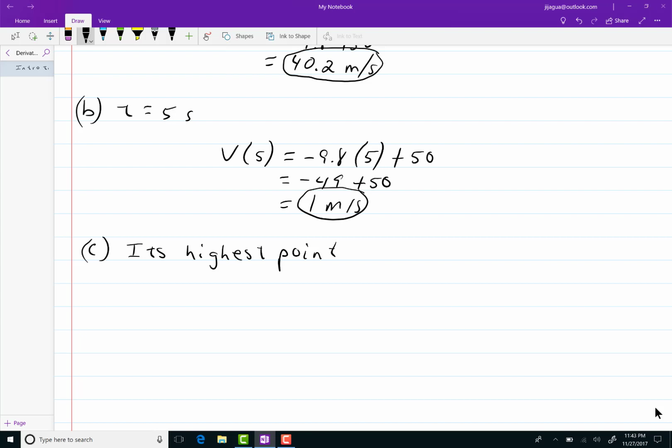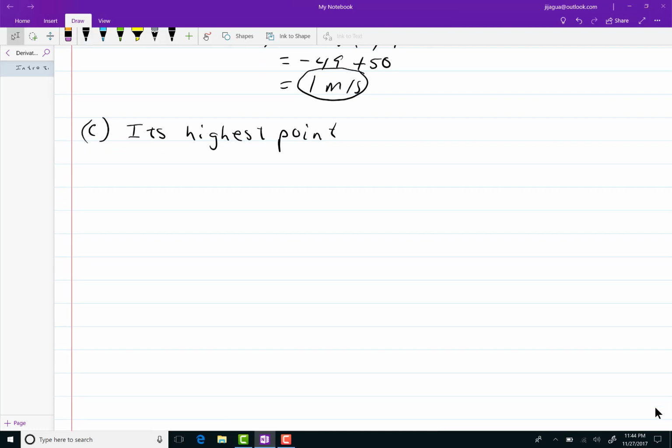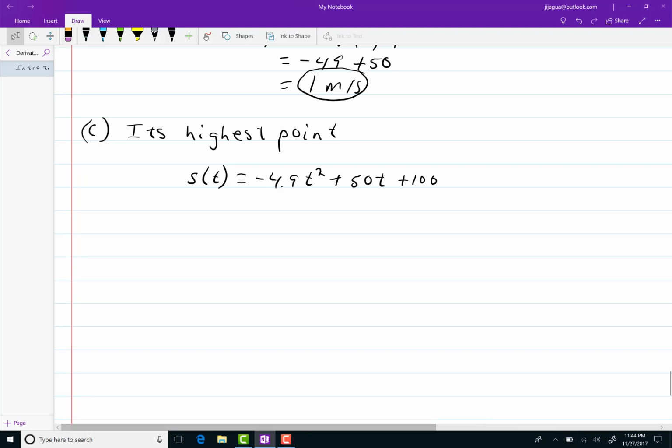However, just to prove to you all this calculus stuff works, I'm going to consider the graph. Consider the original function s of t was equal to negative 4.9t squared plus 50t plus 100. That's nothing more than a parabola. So what I'm going to do, let me real quick graph this thing.